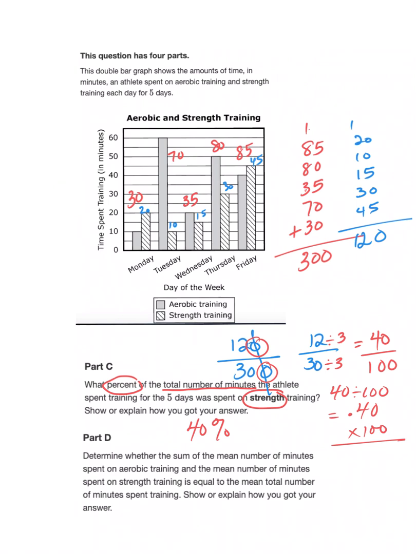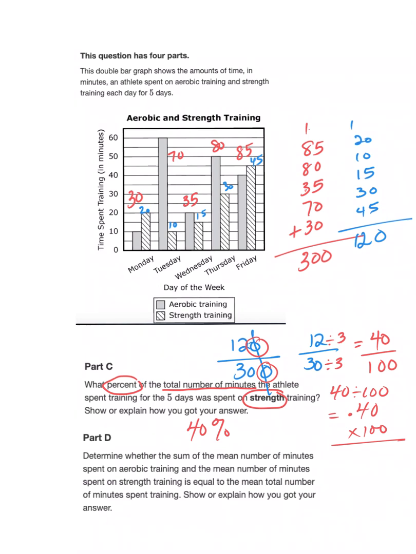But either way, I took a little shortcut there because I know that all percents are out of a total of 100. So that's how I was able to do that. Although I didn't have a calculator, they gave us some nice even numbers to work with.